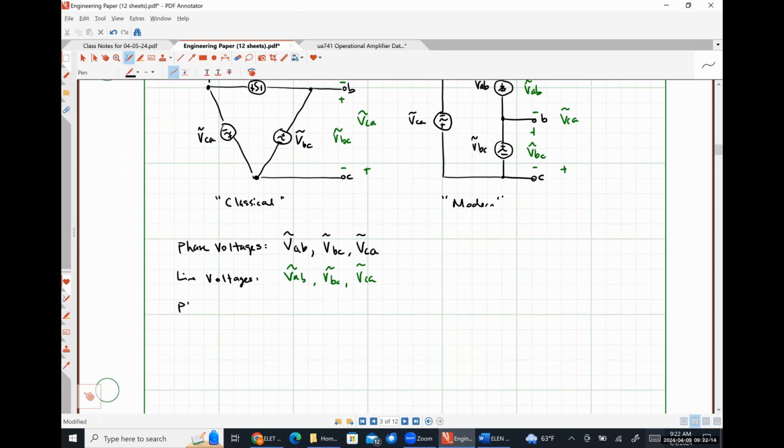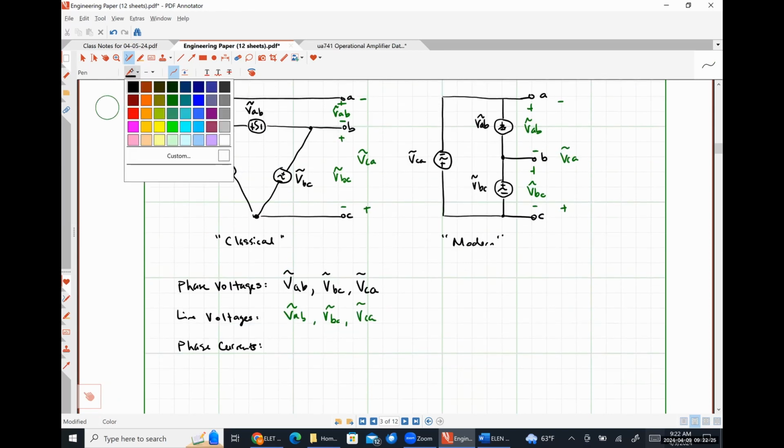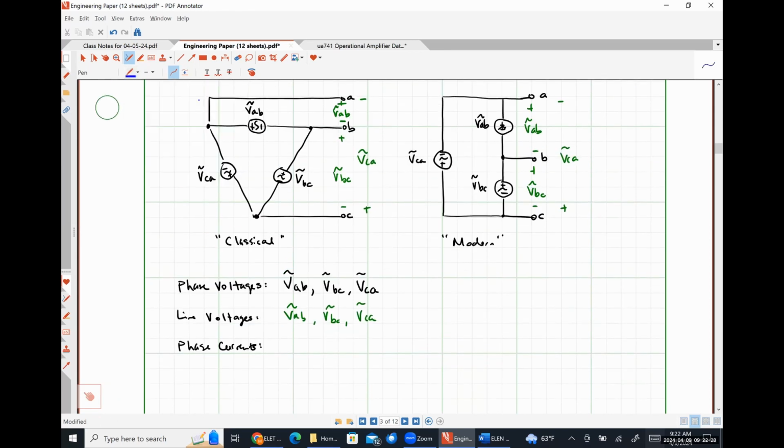For our phase currents, once again, I'm going to define my phase currents as the currents that are flowing into the positive polarity terminal of each of our voltage sources here. So this is going to be IAB. Here's IBC. And here's ICA.